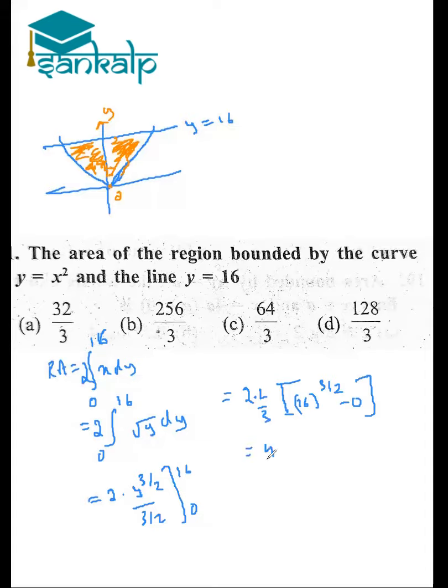So we get 4 upon 3 times 16 raised to 3 by 2, and 16 raised to 3 by 2 is 64. So on simplifying, we get 256 upon 3 square units. So the option B will be the right option.